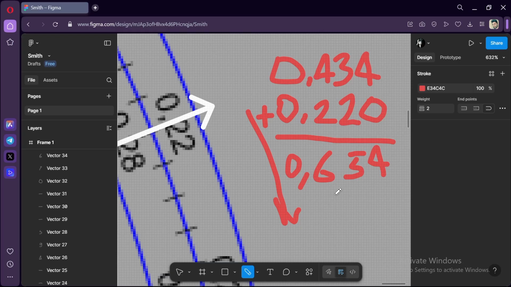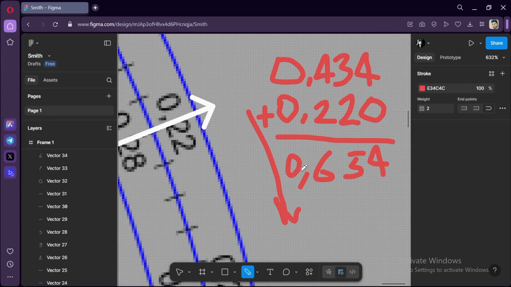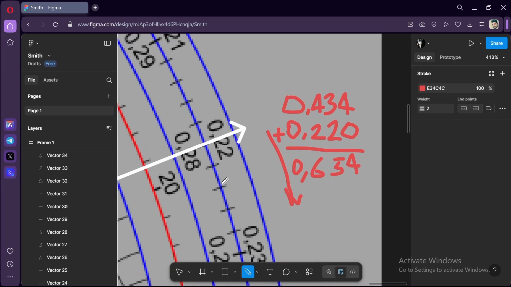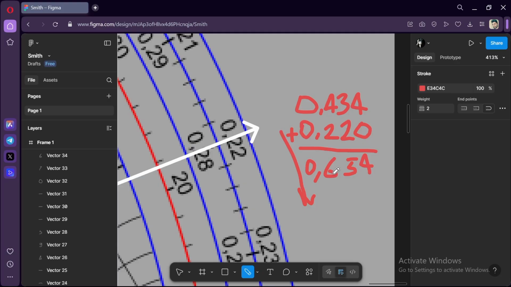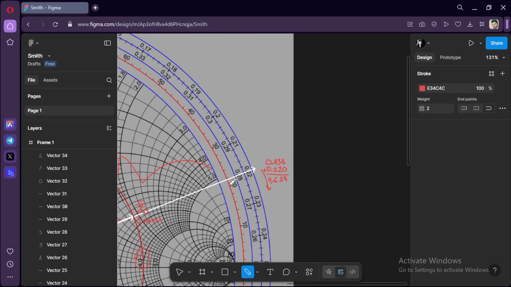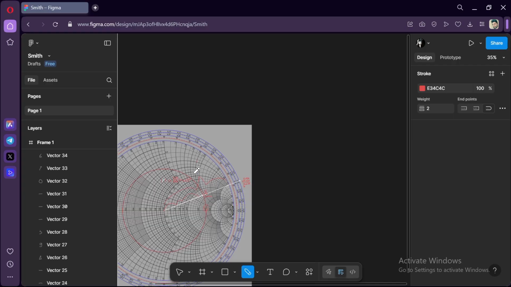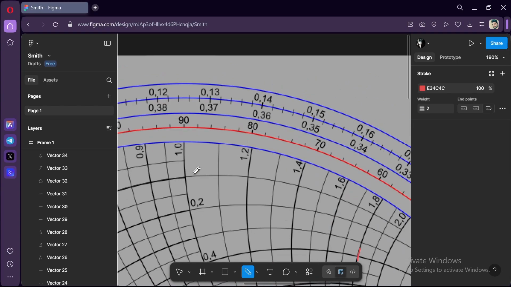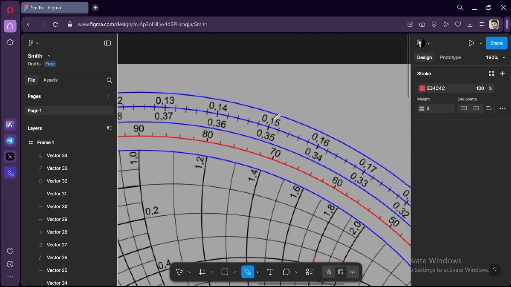So we are here on this point and we need to travel this much, so we will be here on this point, 0.154, this point.